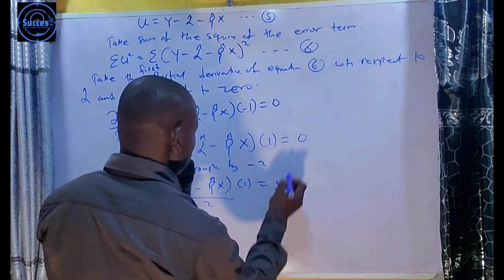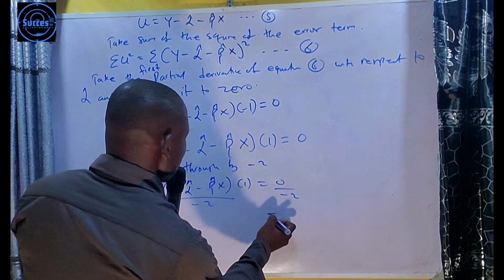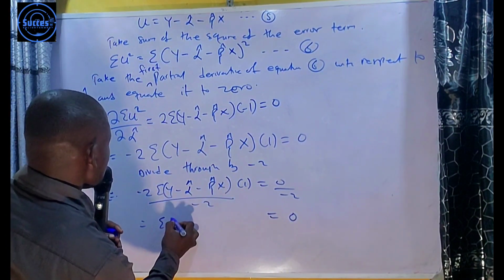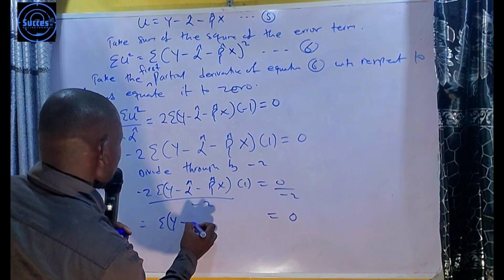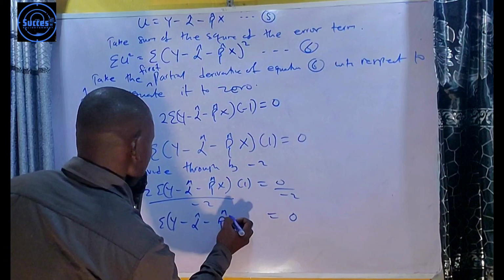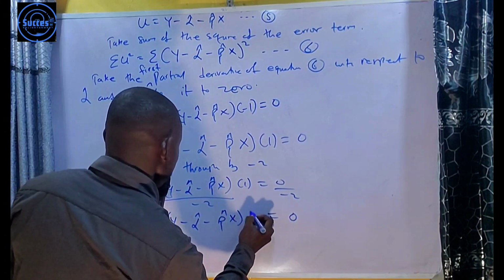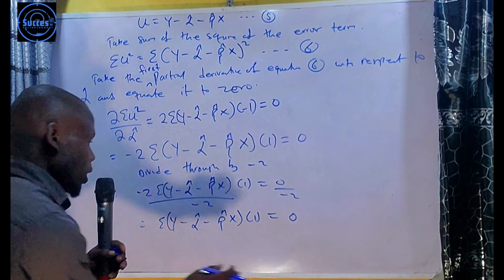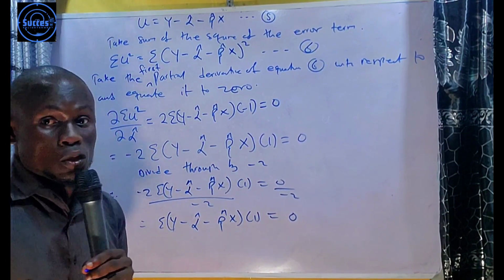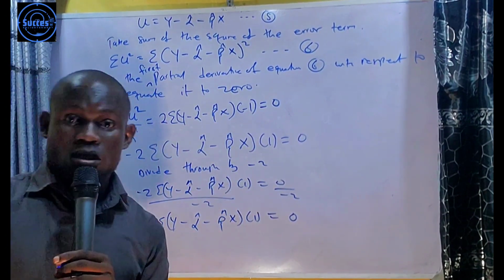This divided by minus 2, and 0 divided by minus 2 definitely equals 0. So we have summation of y minus alpha cap minus beta cap x, into 1. The 1 multiplied by everything here is the same thing as everything here, so the 1 is simply repeated.